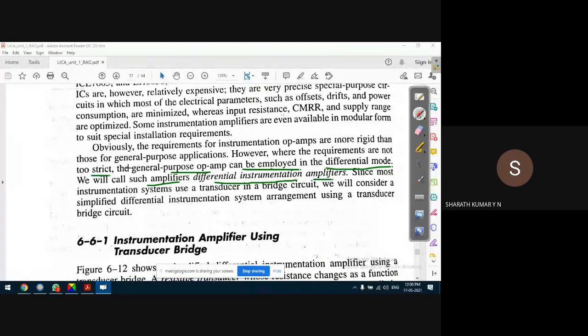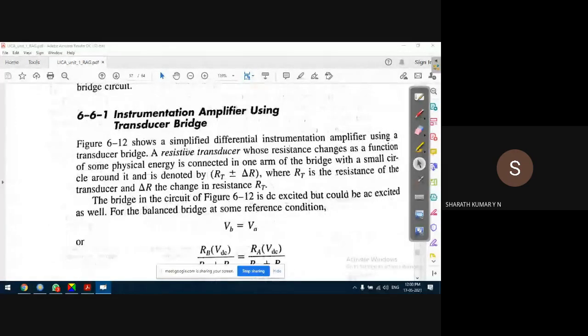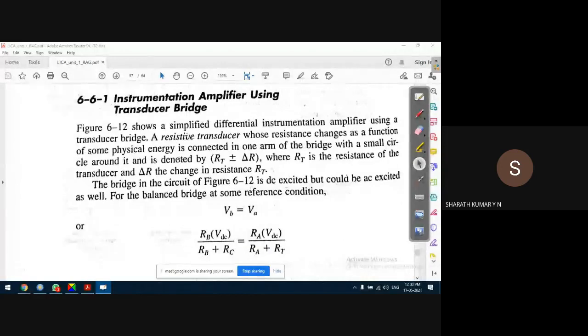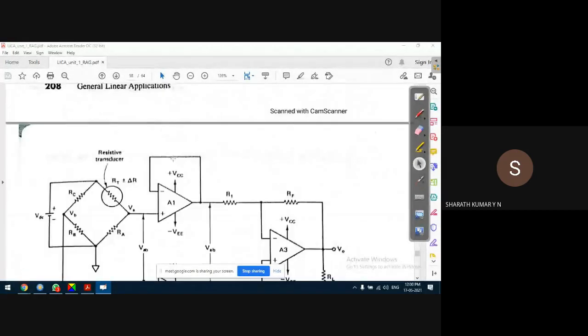That means if the requirement is not too rigid, then we can use differential instrumentation amplifiers. Most instrumentation systems use a transducer in a bridge circuit. We will consider a simple case, so first we will discuss the transducer bridge circuit, which is part of the instrumentation amplifier. Let us look into the circuit.